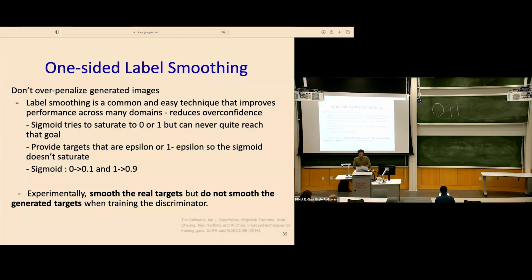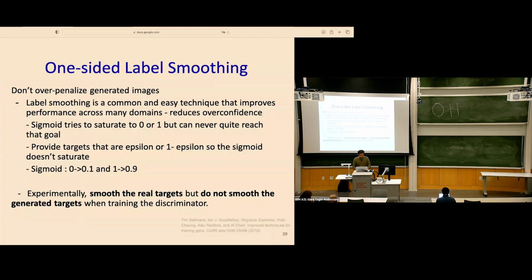So since our model is basically zeros and ones, the sigmoids or softmax try to saturate to those two values. But we don't want our model to be too confident about the training results. And we'd rather it be less confident in training, but perform better during evaluation. So we smooth the zeros to epsilon and the 1 to 1 minus epsilon. Or the 0 to 0.1, 1 to 0.9.